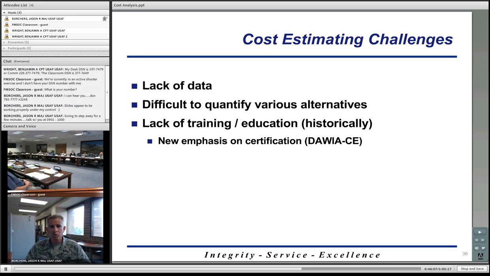Regardless of where it's stored, every cost estimator will preach that lack of historical data is one of their main challenges. I know there are multiple initiatives going on right now at the DoD level to try to capture data from these previous programs, so that any cost analyst can go to a specific website or database to pull some of this data. But that's a big thing, the lack of data.